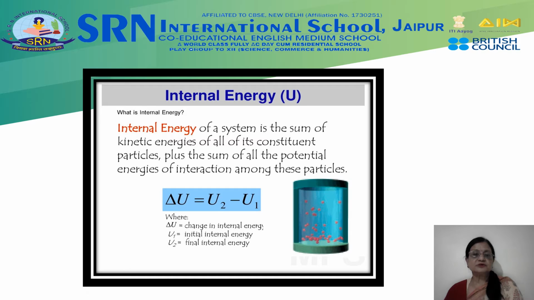That is the total energy of a system, its internal energy. If the initial internal energy is taken as U1 and the final internal energy as U2, then the change in internal energy, represented by delta U, will be equal to U2 minus U1, and therefore it is a state function.